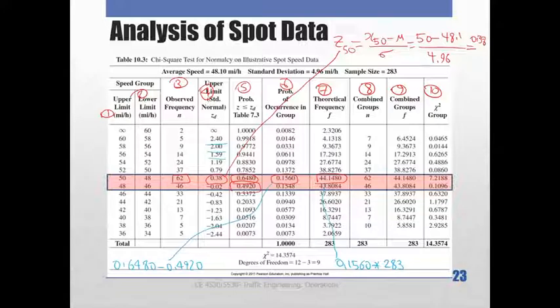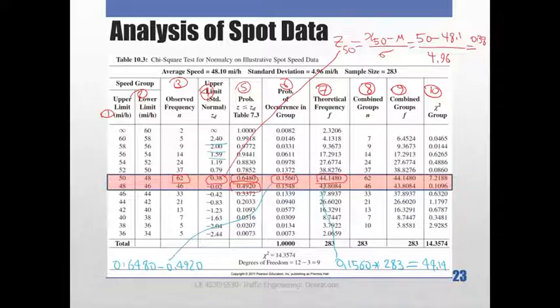We have 283 observations. If you multiply your probability times number of observation 283, you should have 44 observations in there. And this is the theoretical frequency if this is really normally distributed.